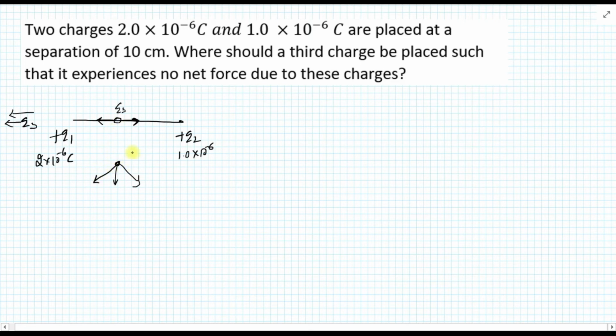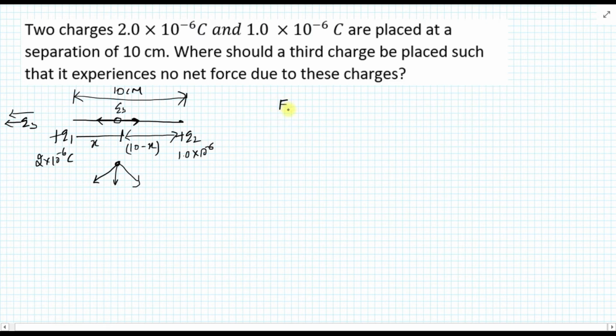Okay, so let's say now this q3 charge is placed at x position from q1, and the distance between q1 and q2 is given as 10 centimeter, right? So from q2 it is going to be 10 minus x, right? So we can calculate the forces on q3 due to q1 and q2.